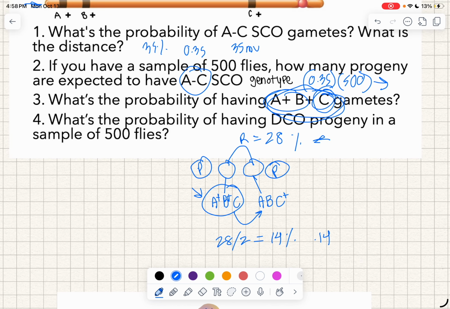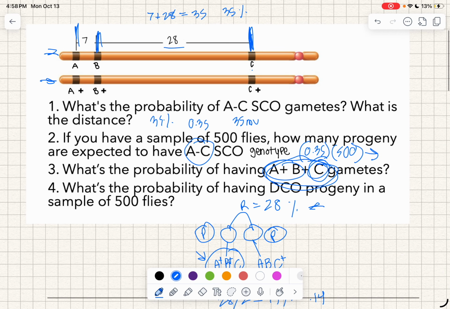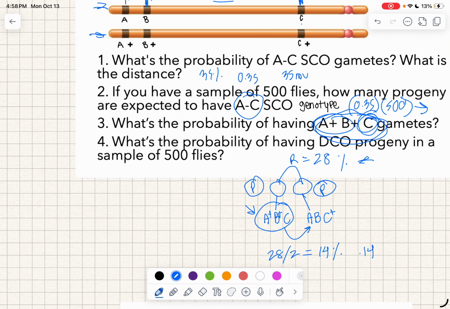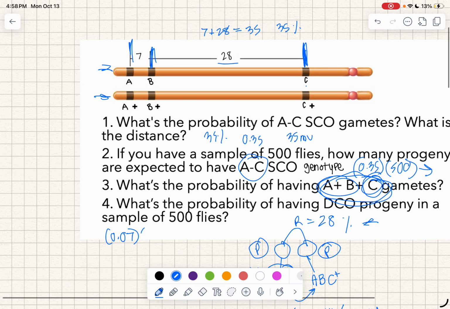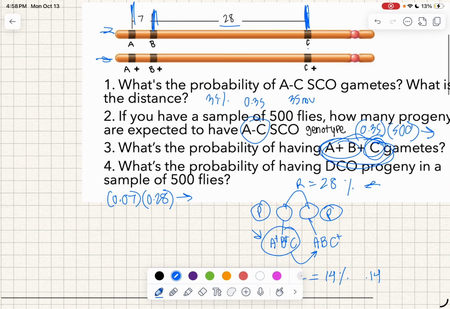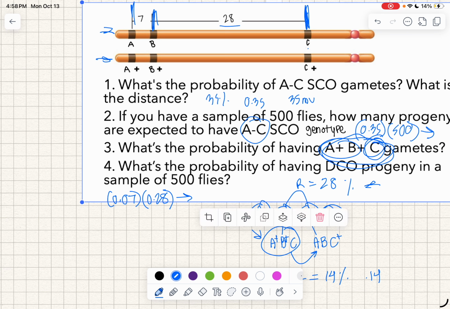All right. Lastly, number 4, what's the probability of having double crossing over progeny in a sample of 500 flies? We have to use the product rule to solve this. We use the probability from A to B, which is 0.07, and then B to C, which is 0.28, and we multiply them to get your probability, and then you can multiply that probability by 500.